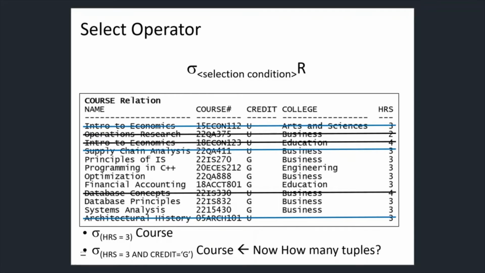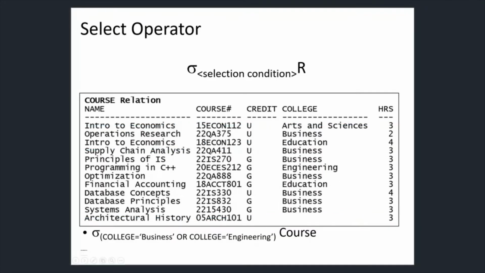And of course, similar to when we had just a single condition, when we have the two conditions, we eliminate all rows that do not meet both conditions that we've specified. And so for this example, we've eliminated all of those courses with credit not equal to G, and we've eliminated all courses that do not have credit hours equal to 3.